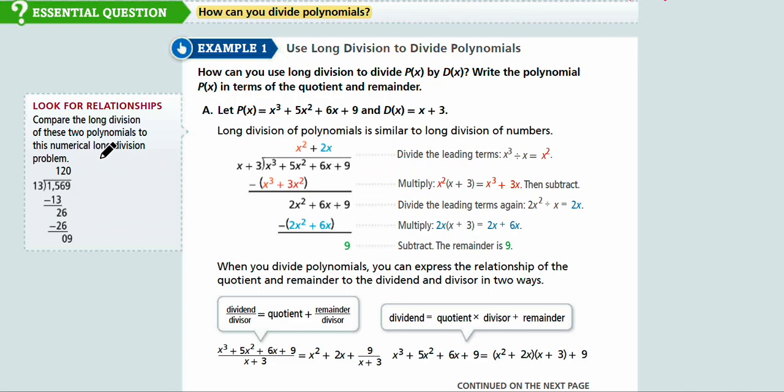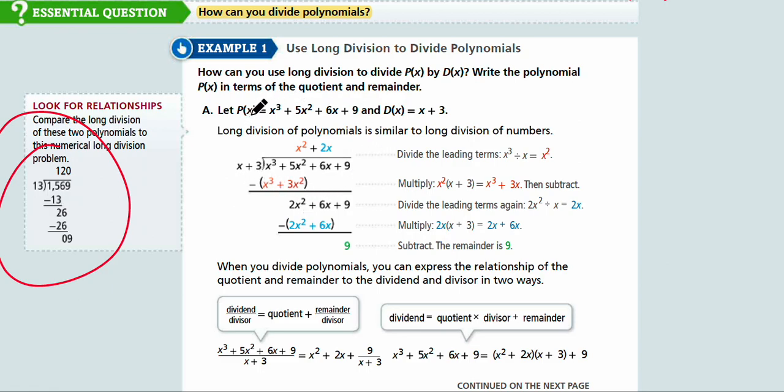So remember that long division with real numbers works like this, where you look at the divisor and see how many times the divisor goes into the minimum digits, right? But looking at the polynomial, you look at the divisor, it's a binomial here, x plus 3.